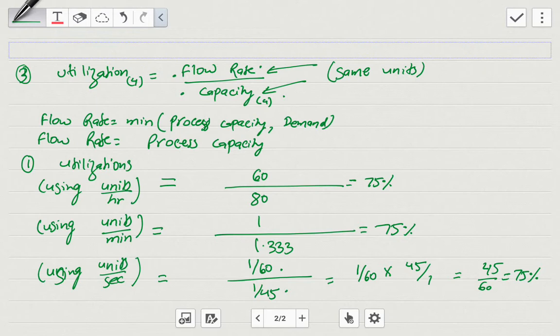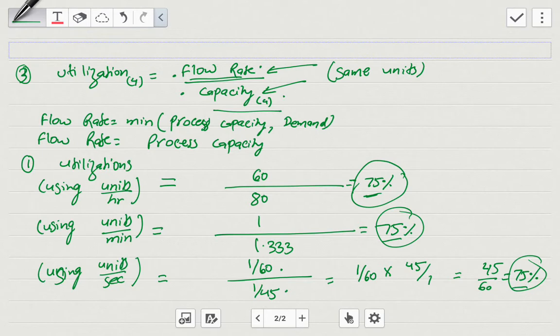So using any of those capacities and flow rates in any unit, we should get the same value. The thing to note is utilization itself does not have any unit. It is expressed in terms of percentage: 75%, 75% and 75%.